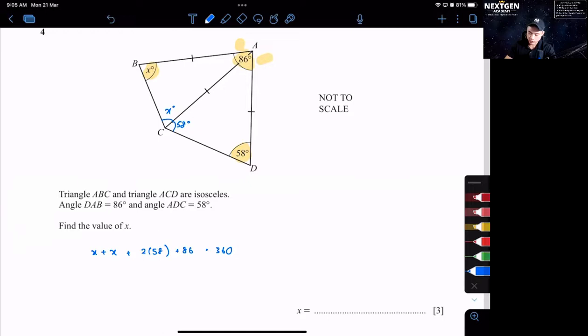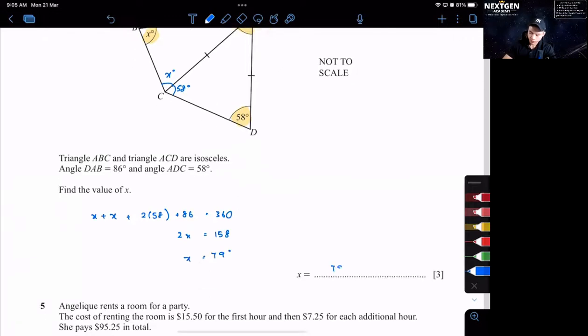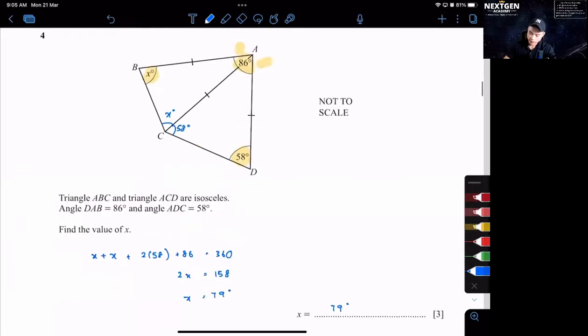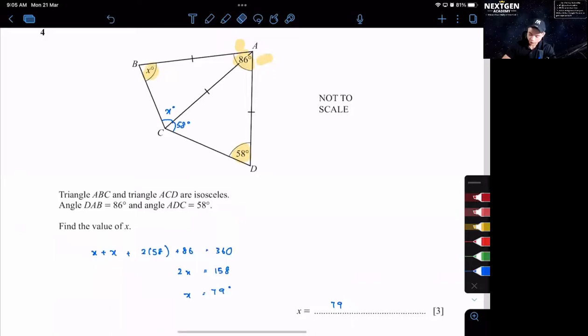So 360 minus 2 times 58 minus 86. You all should get 158 degrees. And then x will be 79 degrees. Awesome. Okay, so x is 79. You don't have to write the degrees because the degrees is already written at the x there. So x degrees, we just write 79.